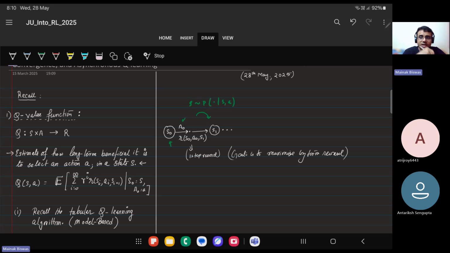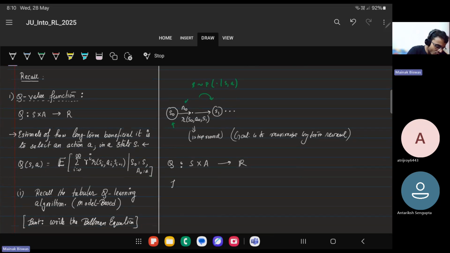So what is a Q value function? A Q value function, Q, is defined from state and action to a real number. So for every state and action, you return a real number.